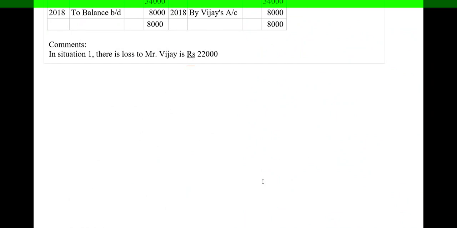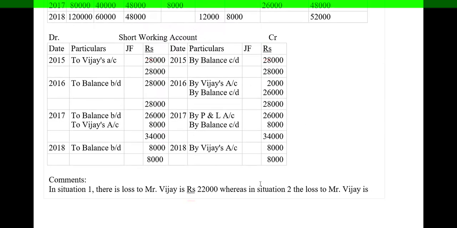Whereas in situation 2, the loss to Mr. Vijay is rupees only 8,000.